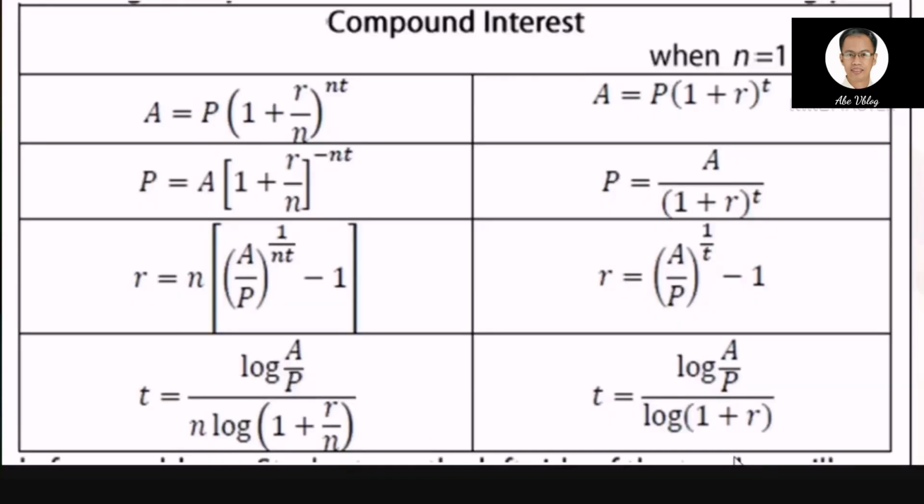So now I'm presenting all the possible formulas in solving compound interest. I hope you practice all of this so that you can have a good grade in mathematics, especially the mathematics in the modern world.